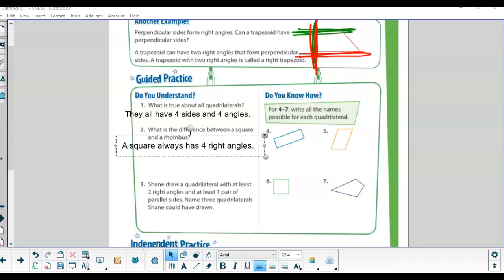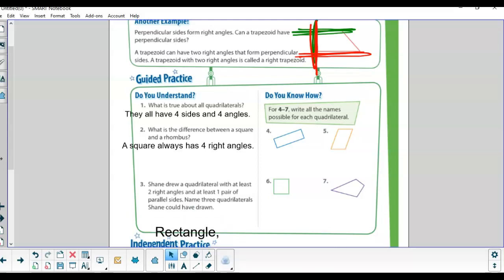All right, so did you say a rectangle as one of your figures? You would be correct, because when I think about a rectangle, does a rectangle have at least 2 right angles? Yeah, it does. Does a rectangle have at least 1 pair of parallel sides?